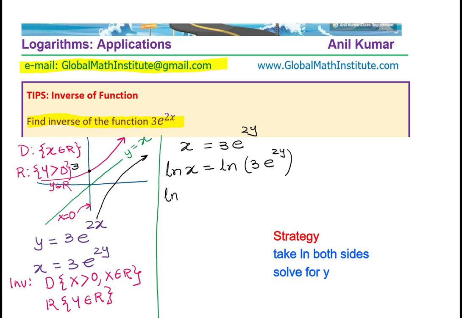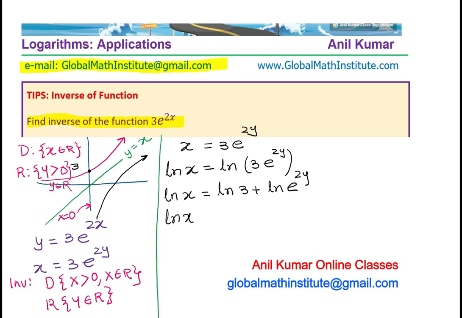So we have ln x equals, apply the properties of logarithms, right? Because this is a product, we can write this as ln 3 plus ln e to the power of 2y.